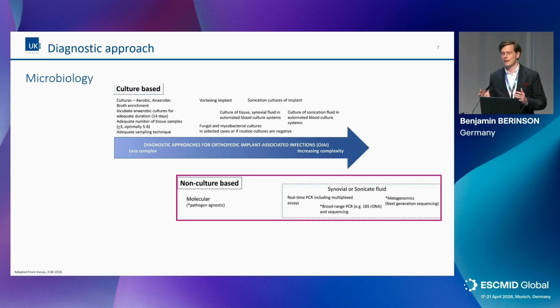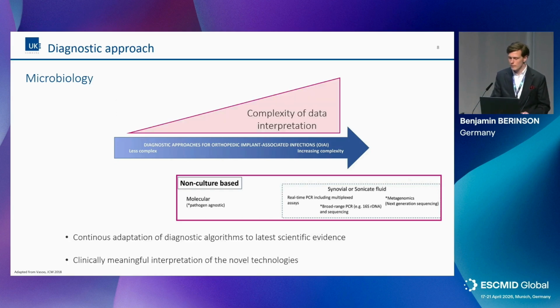Here the non-culture-based techniques come into play, namely real-time PCRs, or grouped together as syndromic panel PCRs, 16S rDNA PCR followed by sequencing, and also metagenomics, although this might still be a little bit in the future. As we gather more and more data, the complexity of data is also rising.